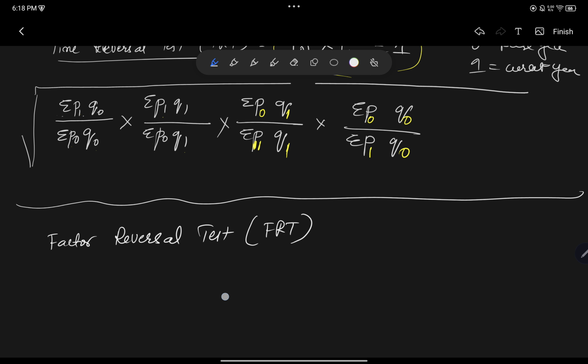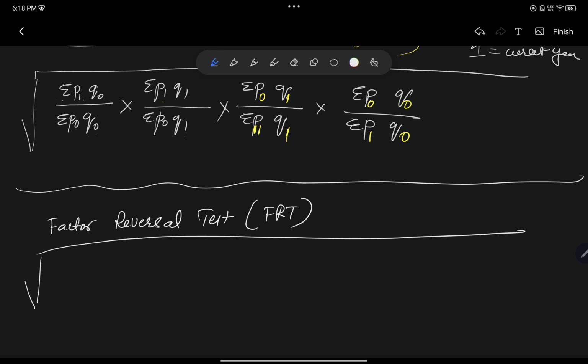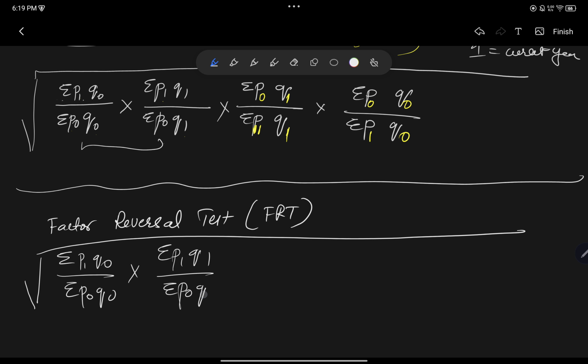So for FRT also, we need to put a square root. First two parts are the same: summation of P1 Q0 divided by summation of P0 Q0 into summation of P1 Q1 divided by summation of P0 Q1. Okay, so now this is fixed.